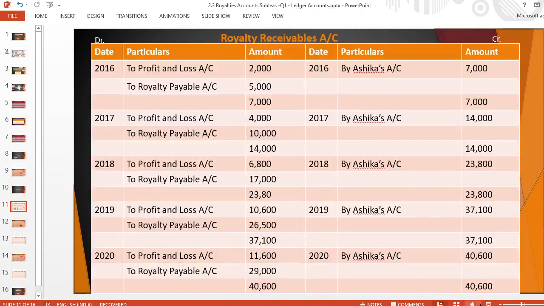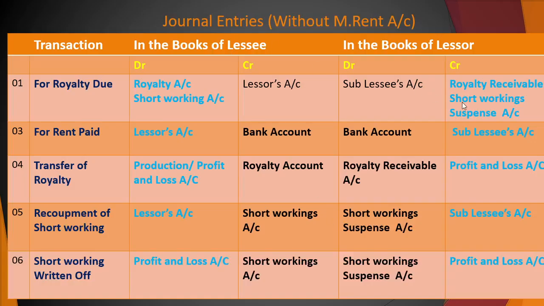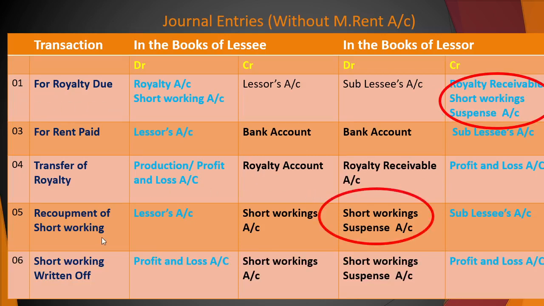So here, the next ledger account, that is the short workings suspense account. The short working suspense account will appear in royalty due, and the second one, recoupment of short working, and short working written off. So fresh short working, that's short working due, and here written off and recoupment.